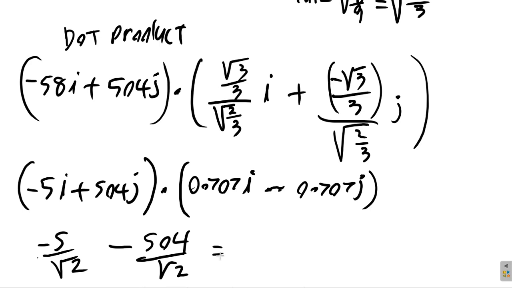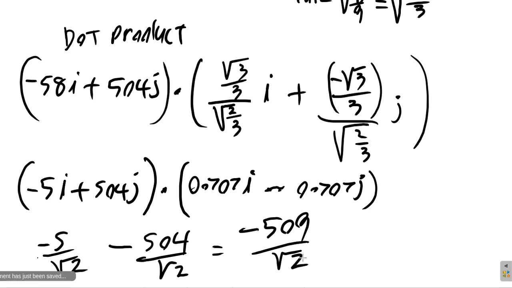It should be what? It's going to be negative 509 over the square root of 2, right? If you work it out as decimal, it would be about negative 360. About that. Alright? So, that's what we have there for the directional derivative.